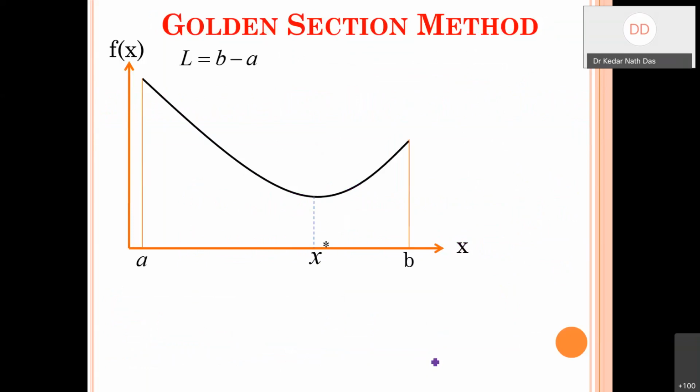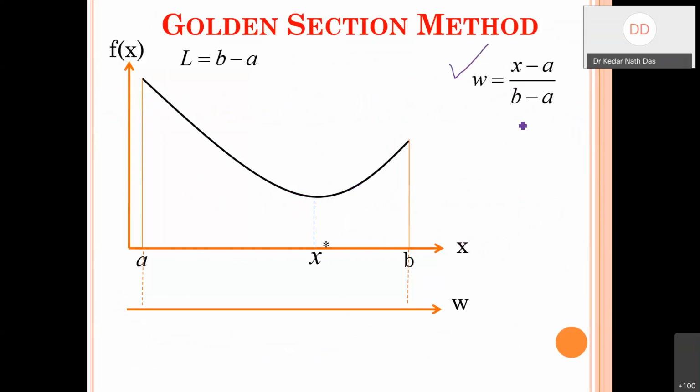The golden section method says that we can have a mapping from this x-axis to the w axis by using this equation: w equal to x minus a by b minus a. If I take the x value as b, obviously the w value is 1. If I take the x value as a, it is a minus a by b minus a, which is equal to 0.